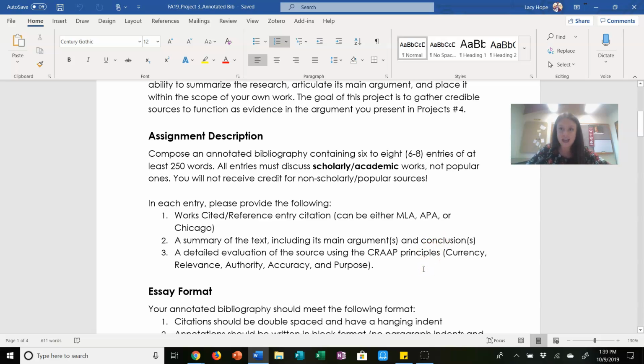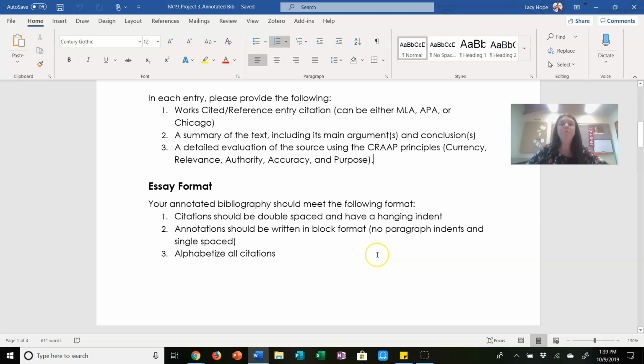One question that I get is how do you go about and format these? So with annotated bibliographies, sometimes they can vary in little ways, but by and large, you'll see a fairly standard formatting practice. So the citations themselves should be double-spaced and have a hanging indent, and I'll show you in just a moment what that looks like.